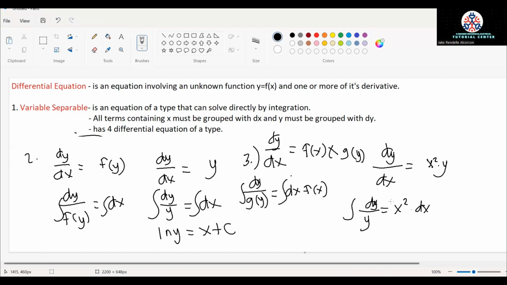Integrating both sides, because we already grouped x with dx and y with dy, the integral of dy over y is ln y equals x cubed over 3 plus c. Therefore, the solution of number 3 is also a general solution because c has no value, or it is not yet defined.